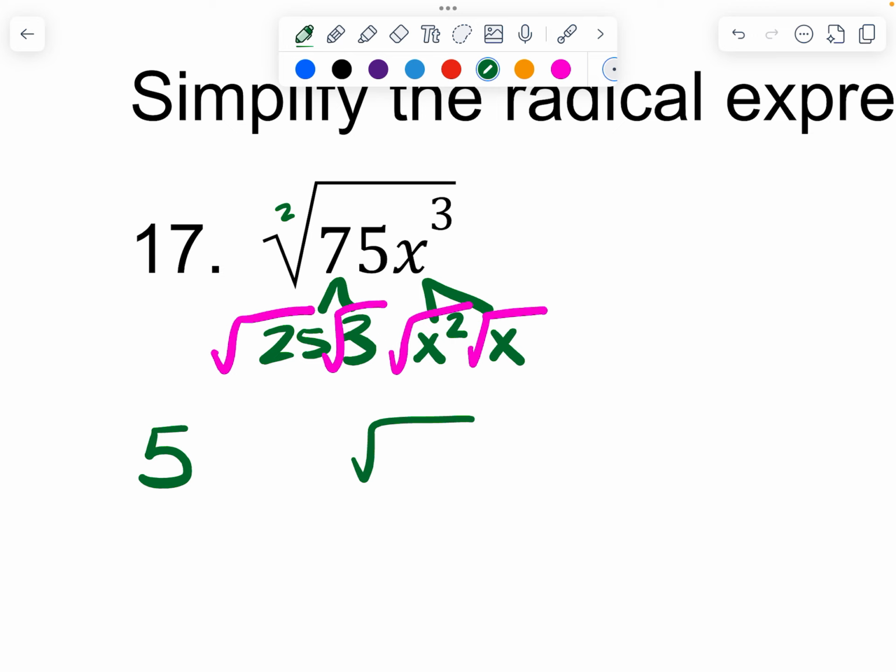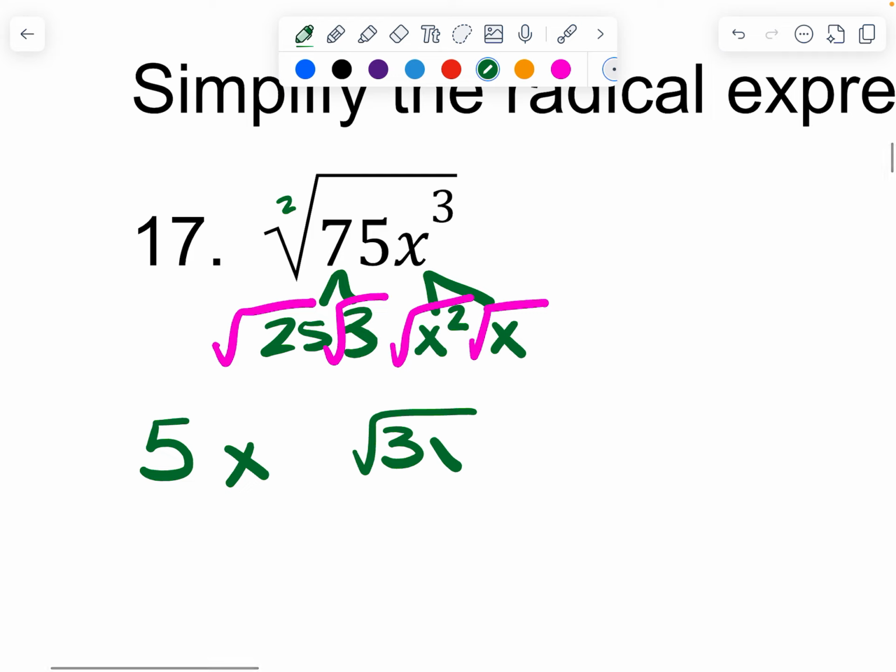You cannot take the square root of 3, so it stays there. The square root of x squared, guys, all you do is divide the exponent by 2. 2 divided by 2 is 1. And then that one goes underneath.